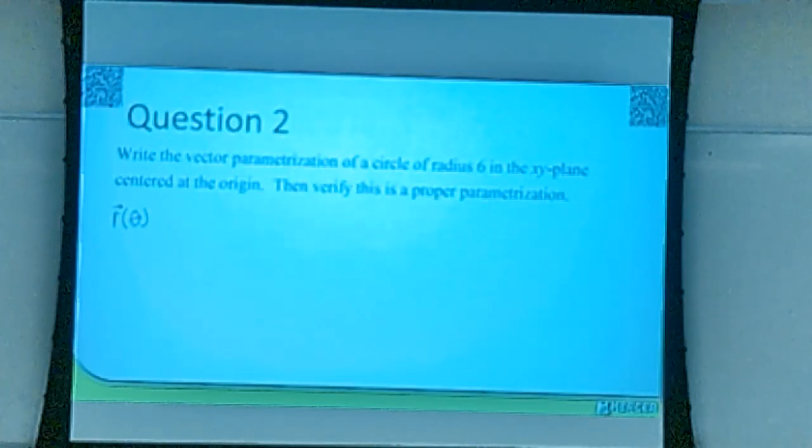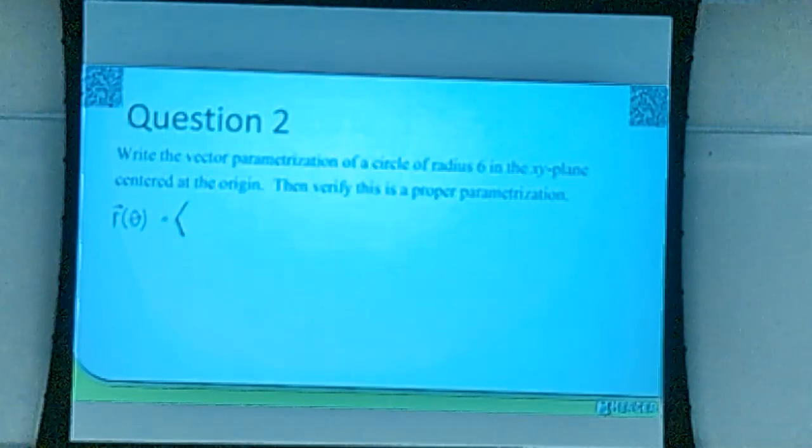You can use anything you want as your parameter. So the circle is located in the xy plane, radius 6, centered at the origin.